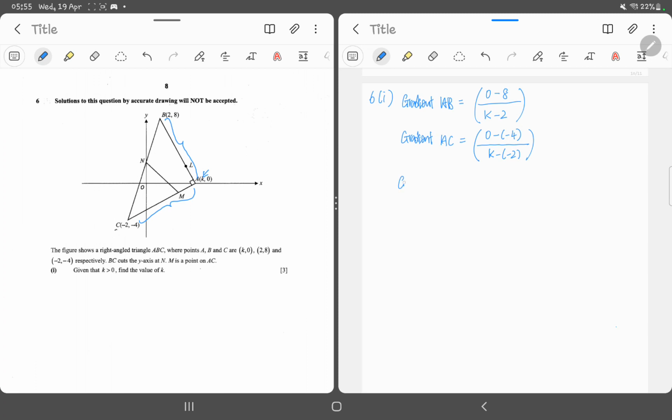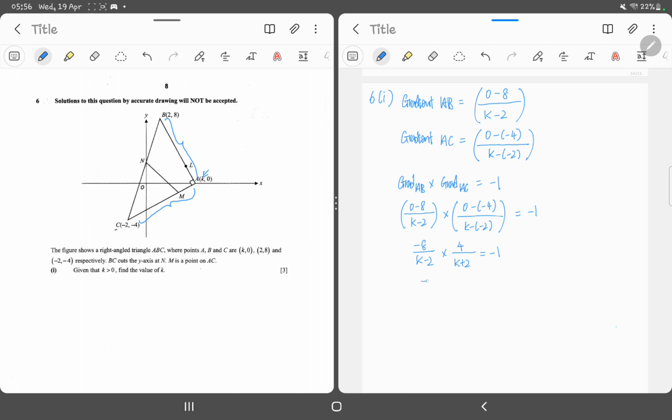So gradient AB times gradient AC equals -1, which means 0 minus 8 over k minus 2 times 0 minus 4 over k plus 2 equals -1. So this is -8 over k minus 2 times 4 over k plus 2, equal to -1.